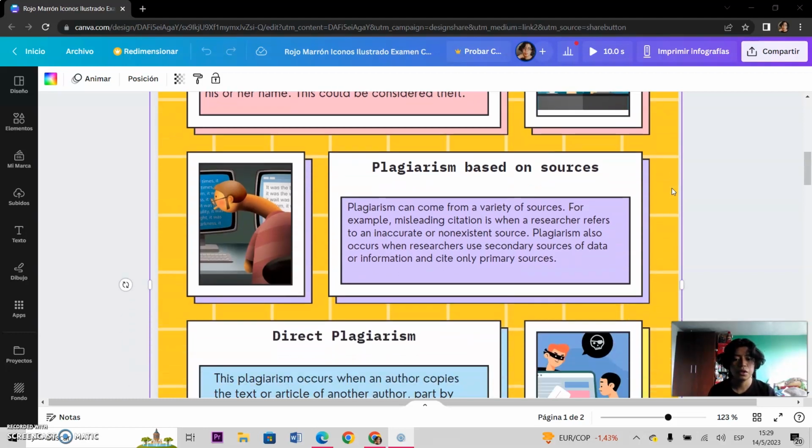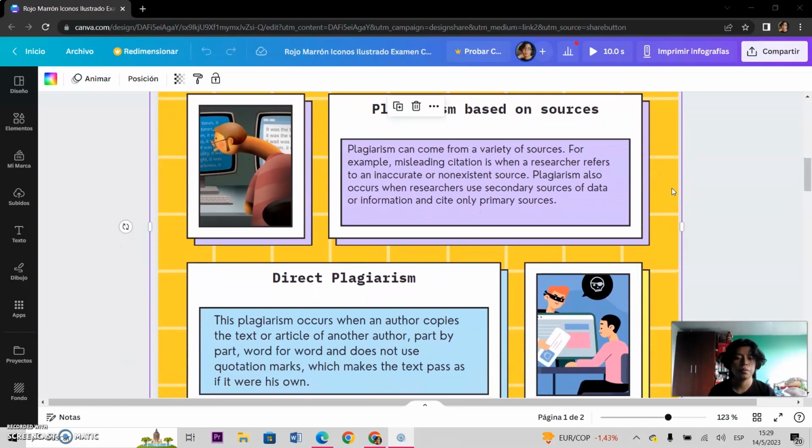The second is plagiarism based on resources. Plagiarism can come from a variety of sources. For example, misleading citation is when a researcher refers to an inaccurate or non-existent source.